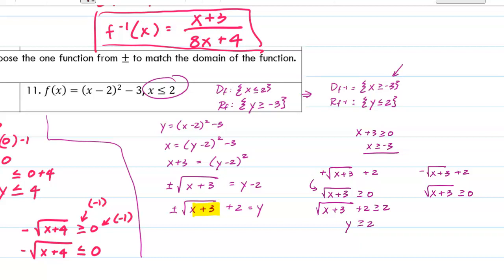No, I need one that's less. Well, to make this look like that, we have to multiply it by -1 first. So when I multiply both sides by -1, look what it does to the inequality. It flips it. And then I'm going to add 2 to both sides.